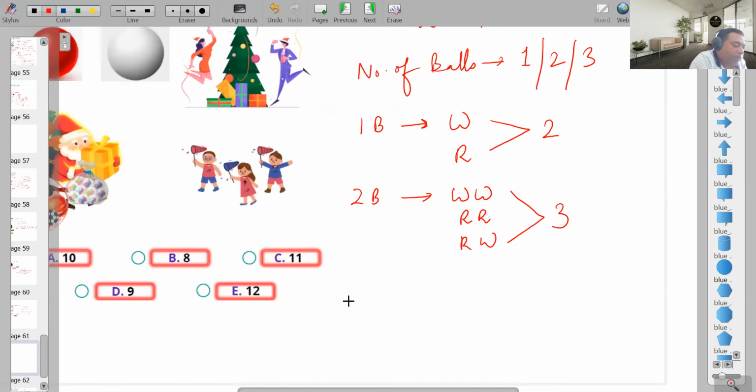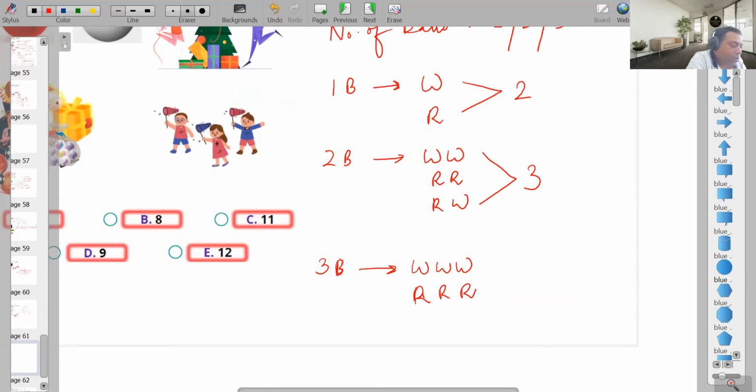Now, if it is a 3-ball combination, then we can get either white, white, white, or red, red, red, or somebody might have got 1 white and 2 reds, or 2 whites and 1 red. So overall, there are 4 combinations.